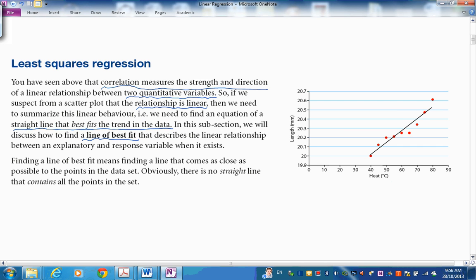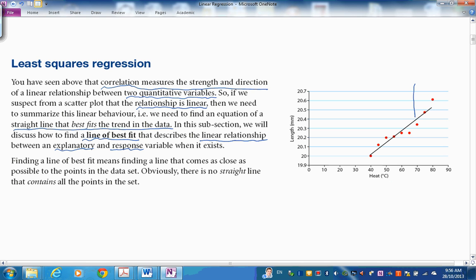And often in science you will do this by hand, and therefore try to describe the linear relationship between the independent or explanatory and response variable. Please notice that in the IB syllabus they like you to use independent and dependent for the names of those variables.